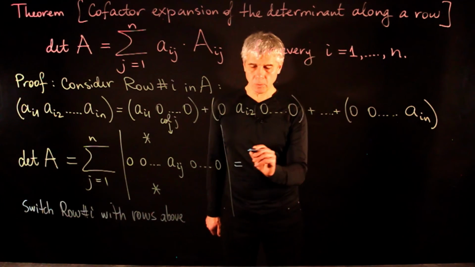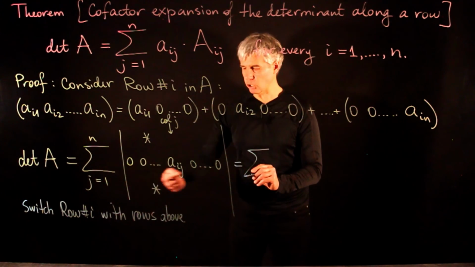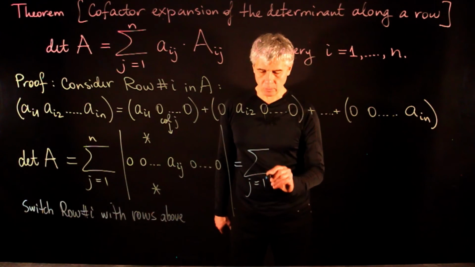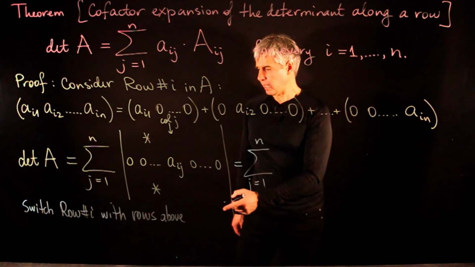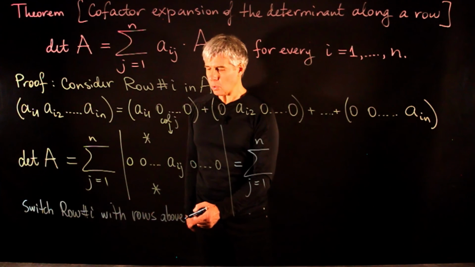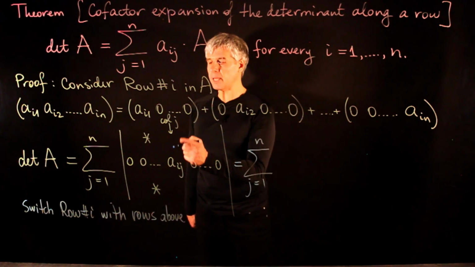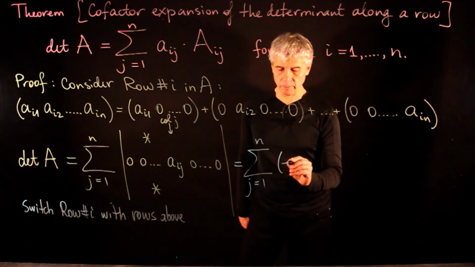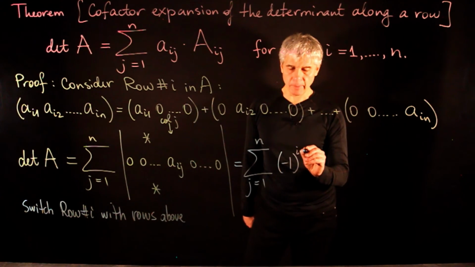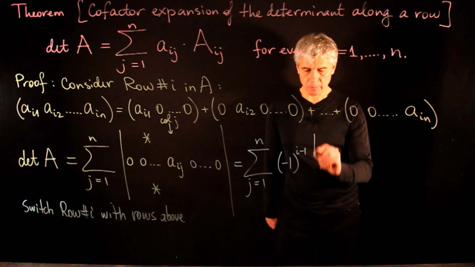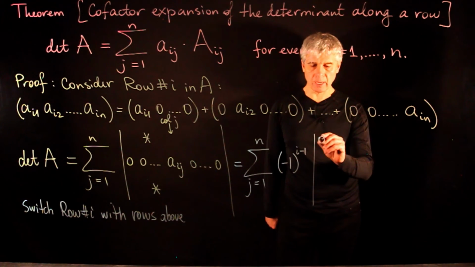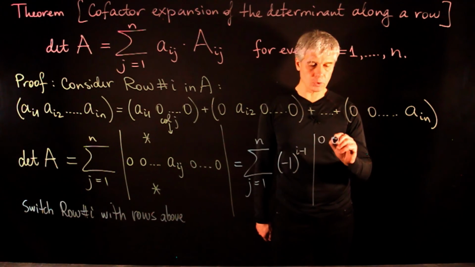The result will be the following. So we still have summation j goes from 1 to n. Now, when we switch two rows, the determinant changes sign. And here we have i minus 1 switches. So we have -1 to the i minus 1 times the determinants. Now all these zeros will be in the first row.